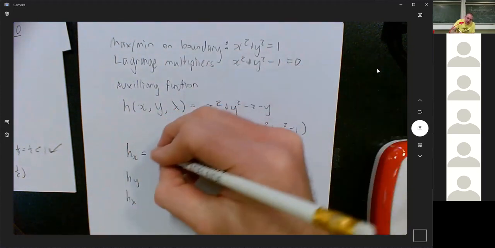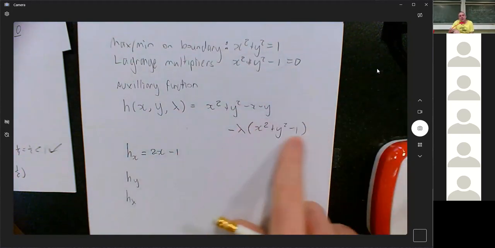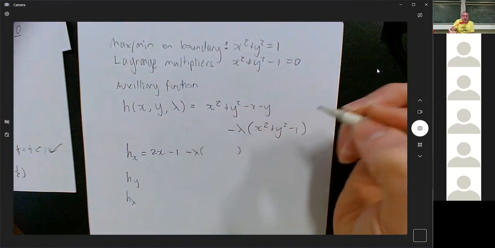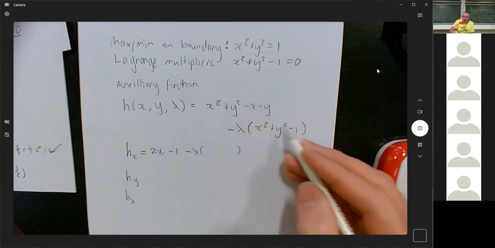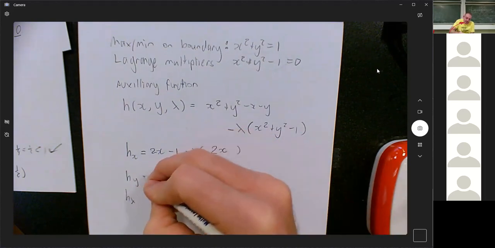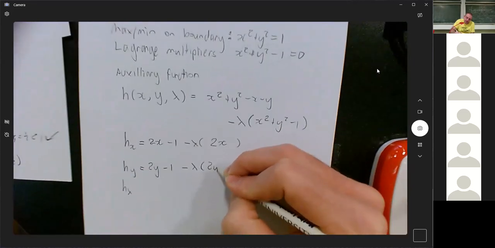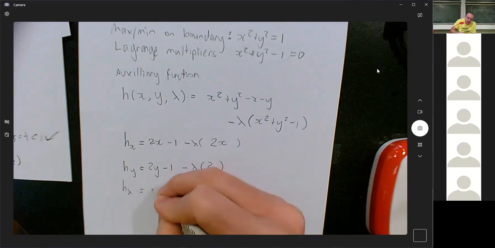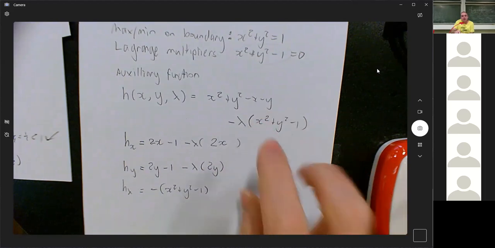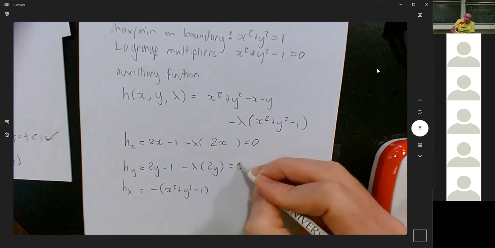So I'm going to get 2x minus 1 like I did before, minus lambda times the derivative of the inside with respect to x, which is 2x. And this will be 2y minus 1 minus lambda times 2y. And this is technically minus (x squared plus y squared minus 1), because that is the constant multiplied by the lambda. And all of these have to be 0 at the same time.